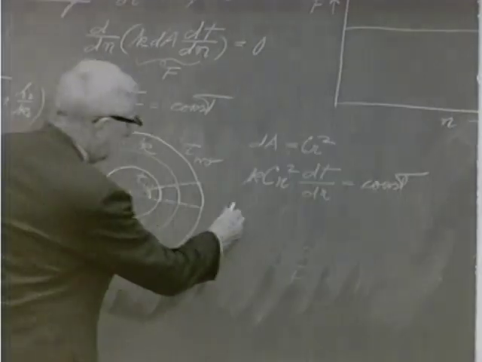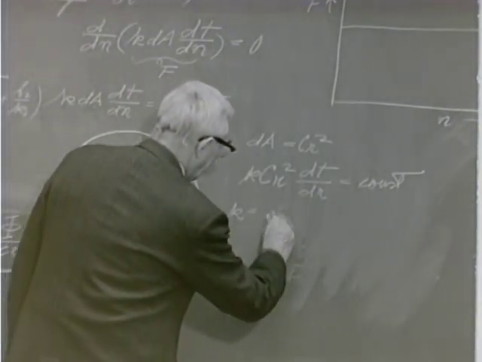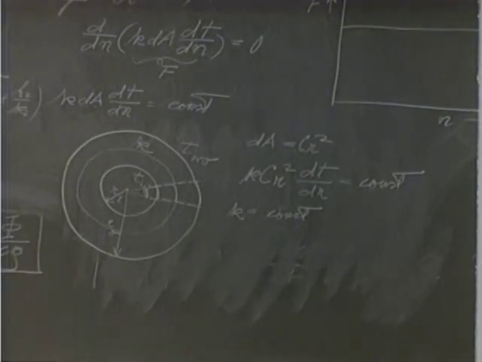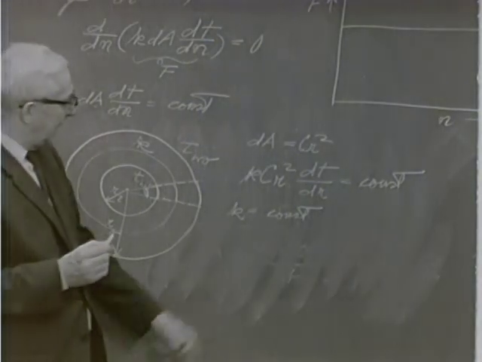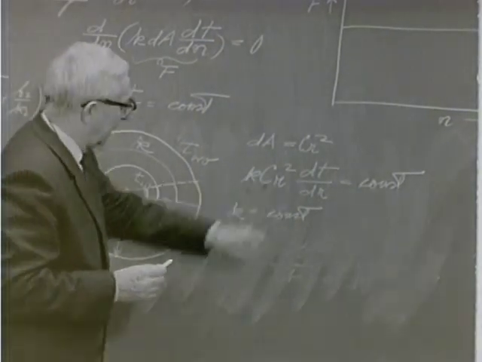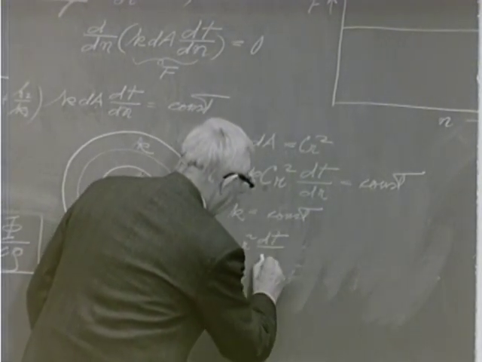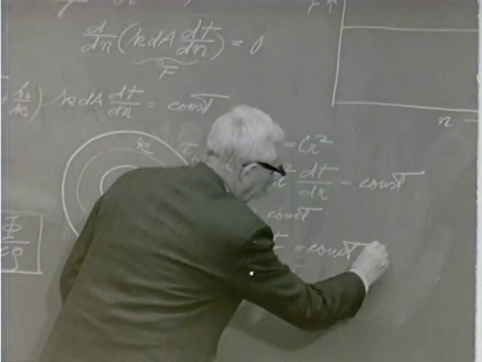If I assume again a material with a constant thermal conductivity, we will come back to see how situations change if the thermal conductivity varies. And this is a constant, this is a constant. So the rest, r squared dT/dr, has to be a constant too.